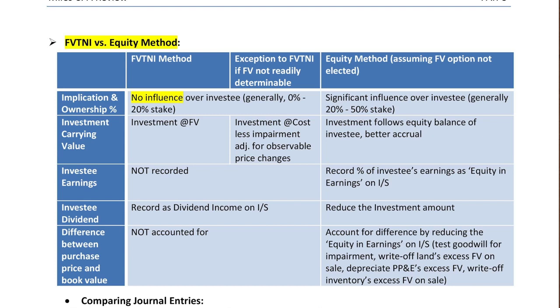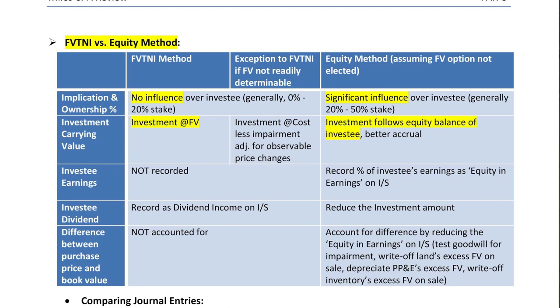Equity method is used when the investor has significant influence over the investee, generally a 20 to 50% stake. Under the fair value through net income method, the investment is at fair value on the balance sheet. Whereas under the equity method, the investment follows the equity balance of the investee.